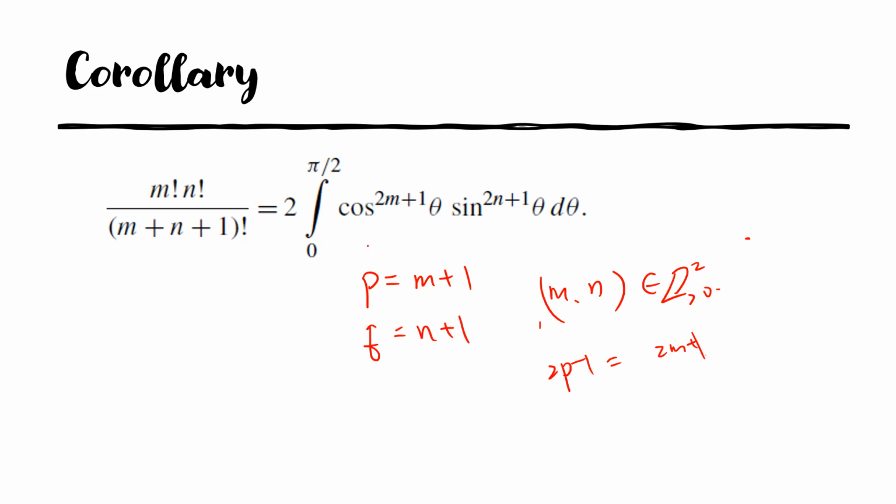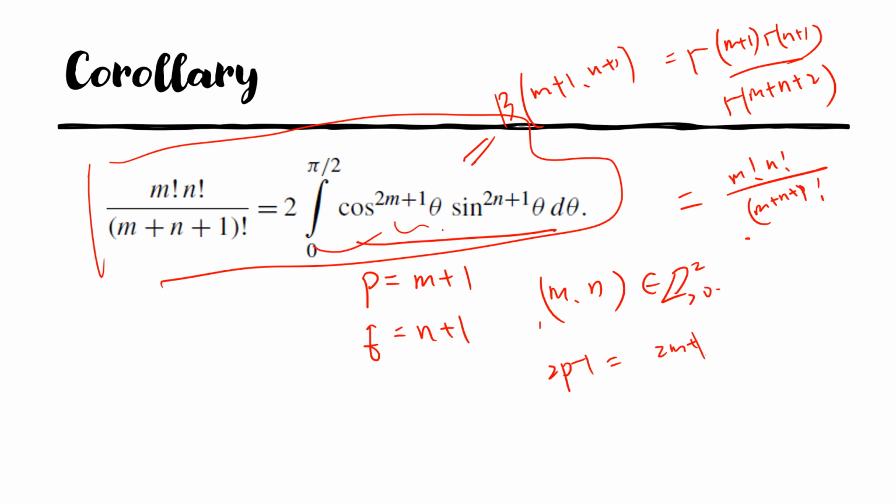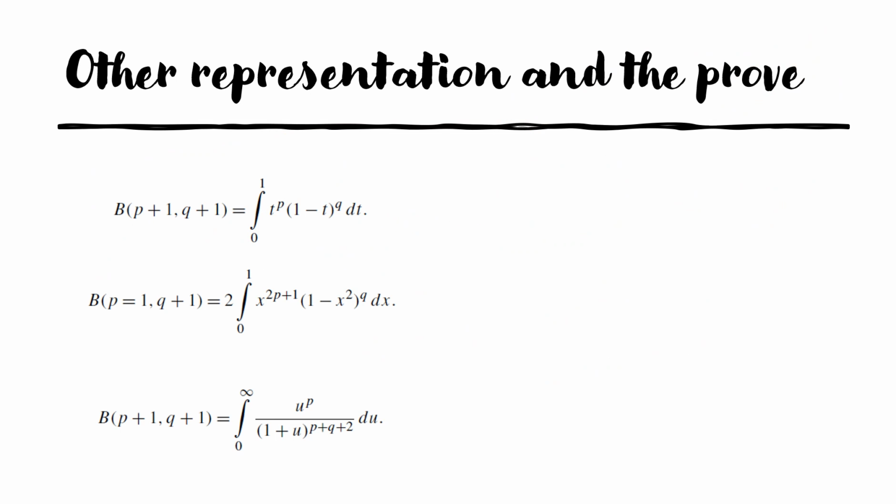So this is beta of n plus 1, n plus 1, which is gamma n plus 1 squared divided by gamma 2n plus 2. By definition, this is n factorial squared divided by 2n plus 1 factorial. This corollary gives you the integration of this function.